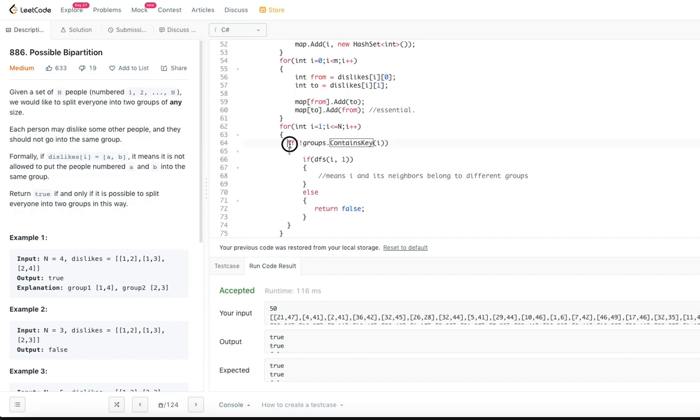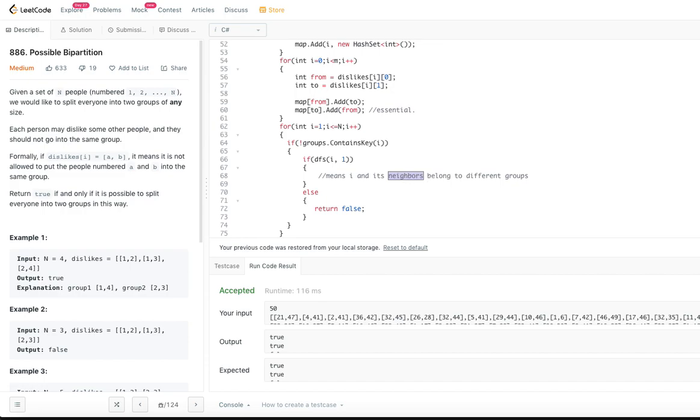So now we are saying, okay, this person is not assigned to a group, and see if all his dislikes are in a different group or not. So if all the persons disliked by i are in different groups, then we are good. So i and its dislikes, basically I am calling them neighbors, right?